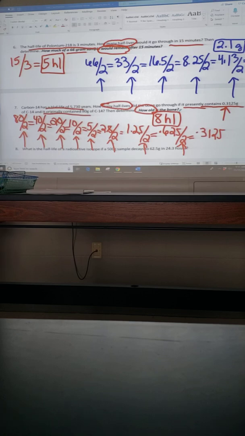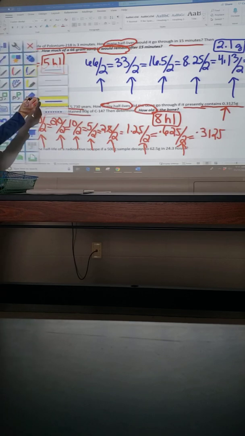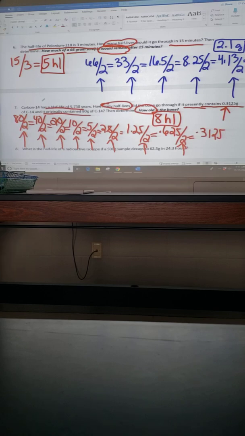Second part, how old is the bone? Well, how long was each half-life? Charlie, how long was each half-life? What's that information that's given to us for carbon-14?